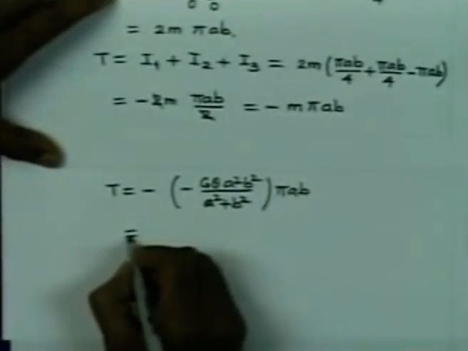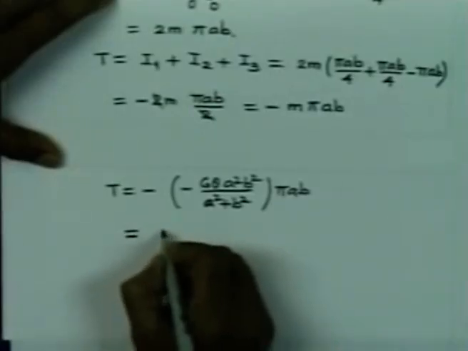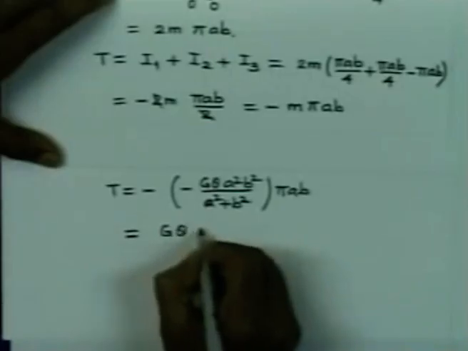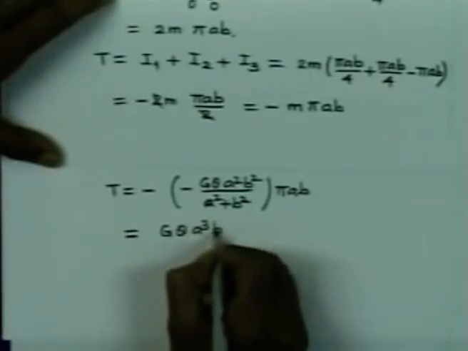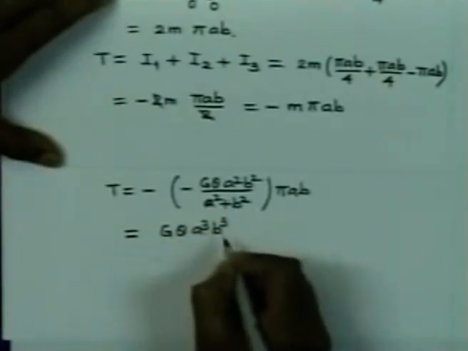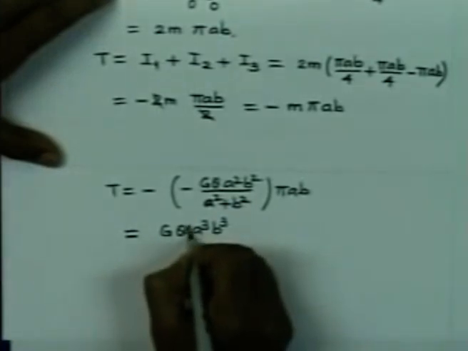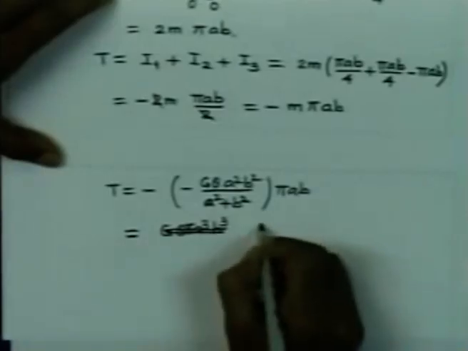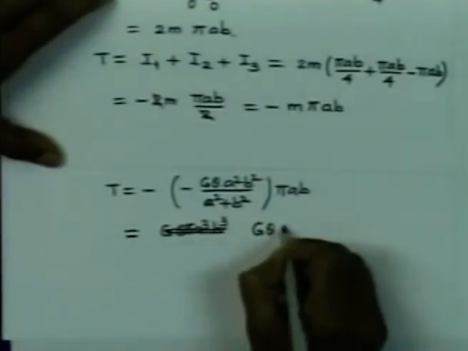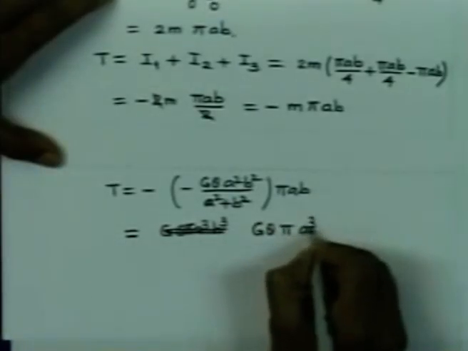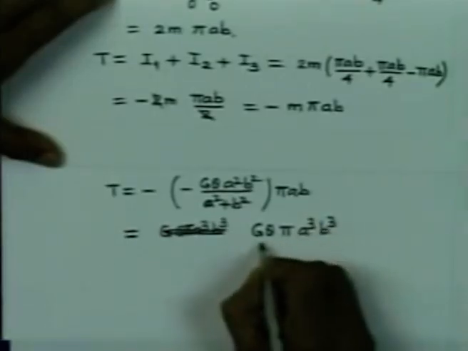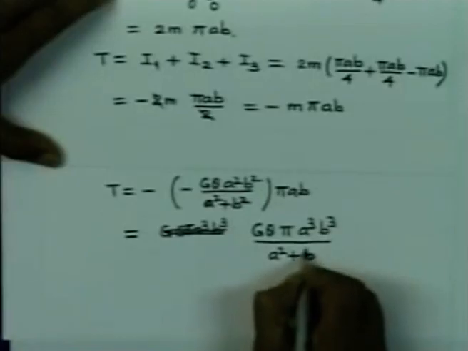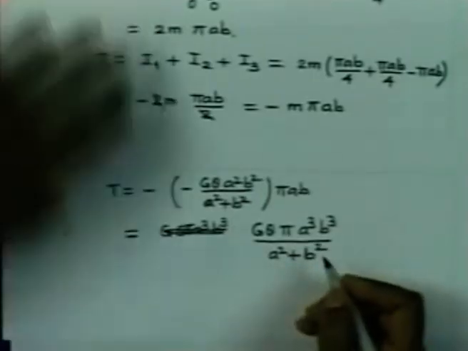So, this finally gives us G theta pi a cube b cube by a square plus b square.